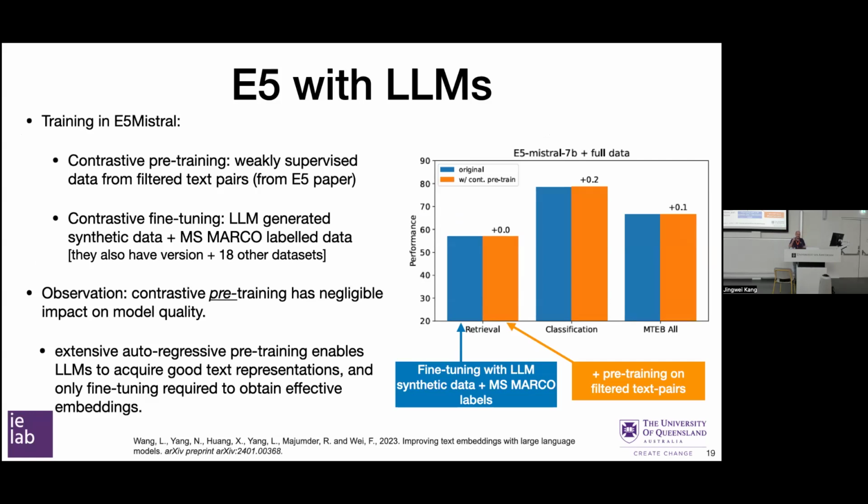The training itself, as I mentioned, is contrastive training, done in two ways. That's the broader E5 method. They do some pre-training where they use weakly supervised data from filtered text pairs.